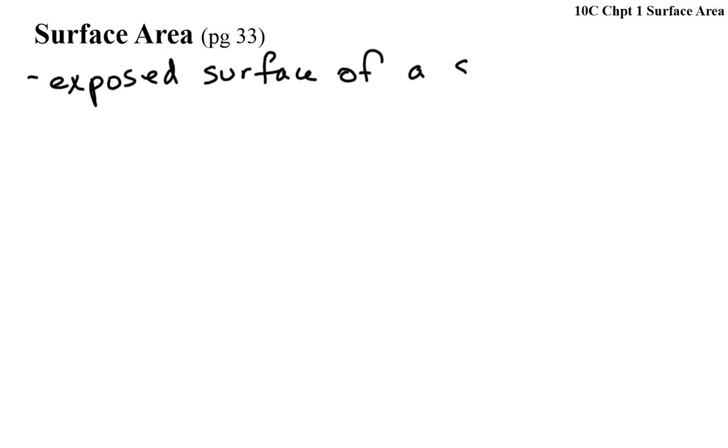Surface area, if we take a look at what exactly is surface area, well, surface area is the exposed surface of a solid. That's what surface area is talking about. The exposed surface of a solid. You will often hear me refer to painting the object.